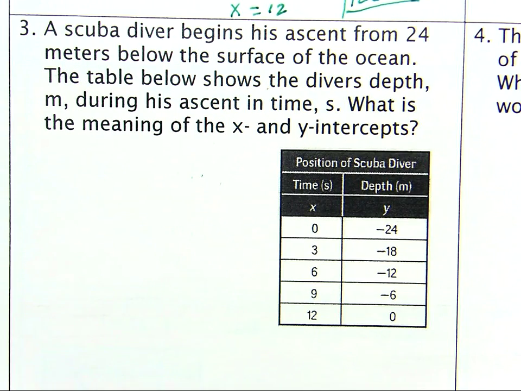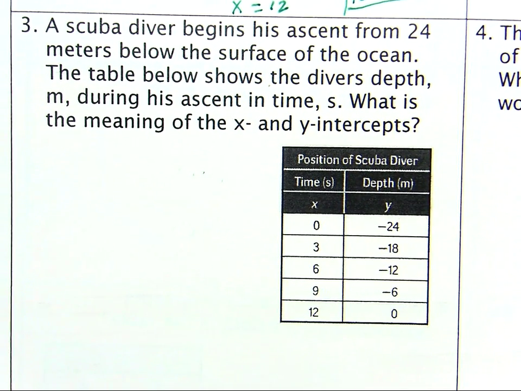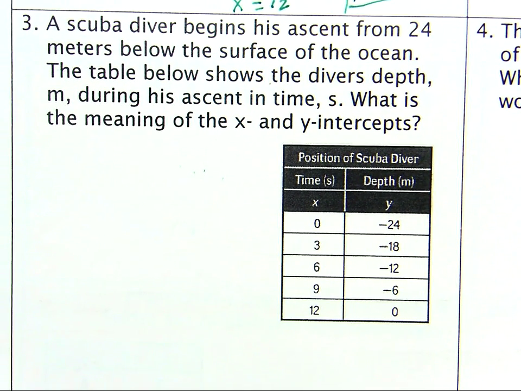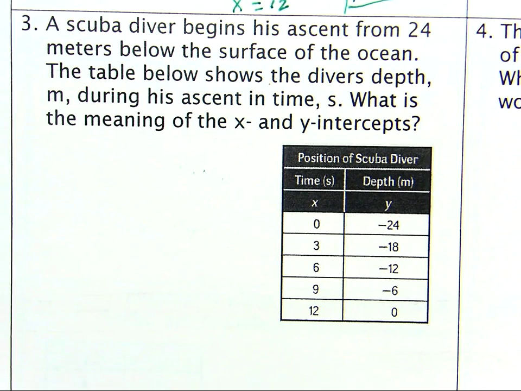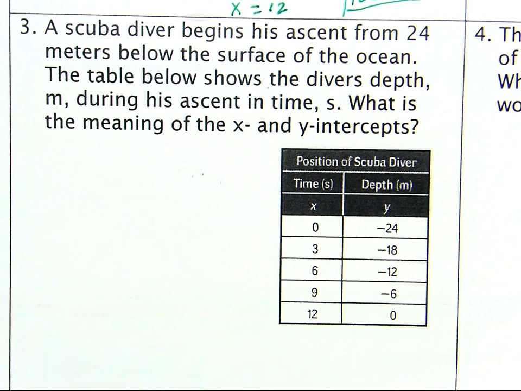Number 3, a scuba diver begins to ascend from 24 meters below the surface of the ocean. The table shows the diver's depth in meters during his ascent in time in seconds. What is the meaning of the x and y intercepts?